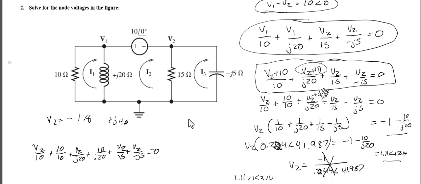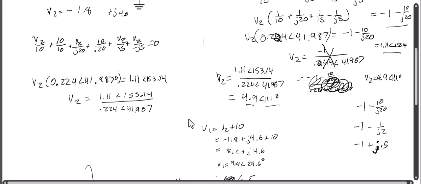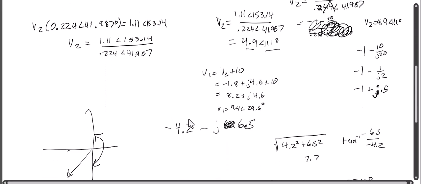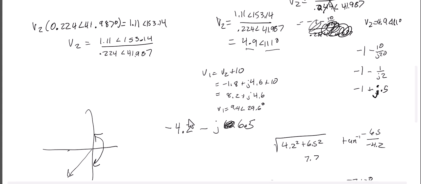And we could find V1 by just plugging V2 into that, which is what I just did here: I added 10 to V2, but to add 10 easily, it's better to have it in rectangular form, because you can't add phasors by hand.